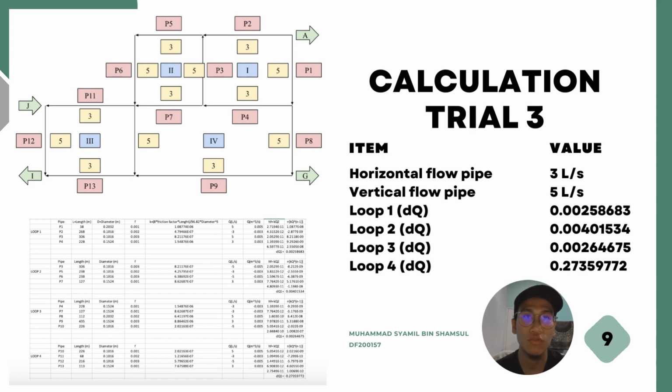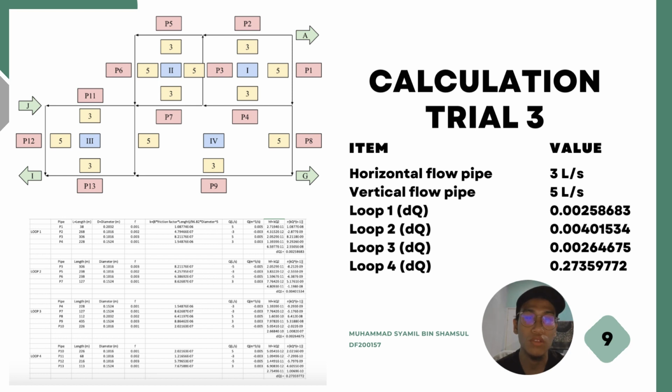I will continue the calculation for trial 3. For the horizontal flow pipe, the value is 3 liters per second. For the vertical flow pipe, the value is 5 liters per second. So we get loop 1, the value of dq is 0.00258683.